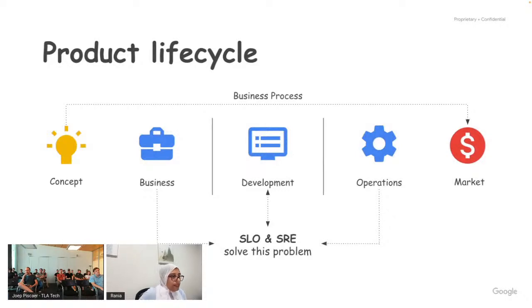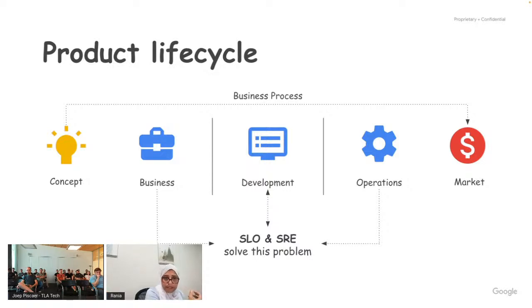So SRE and the SLO and the SLI, as I mentioned, are really targeting three principles. It's really transforming DevOps and DevSecOps from only focusing on development and operations to also considering the business aspect and the business stakeholders, really measuring the whole life cycle and avoiding any friction, okay?